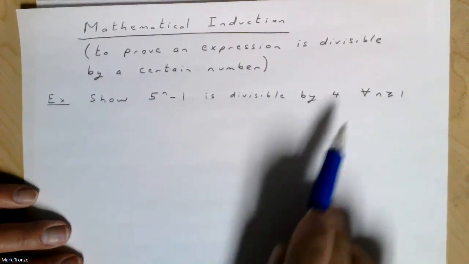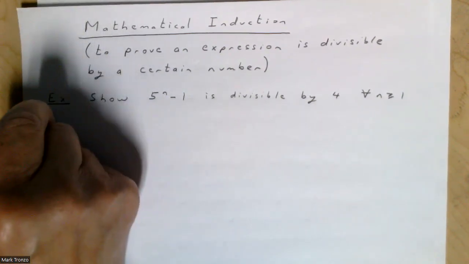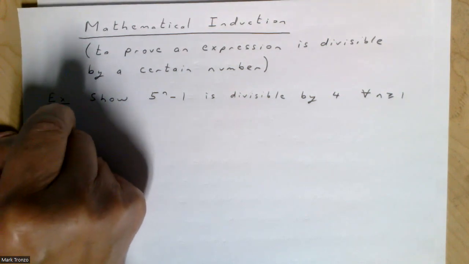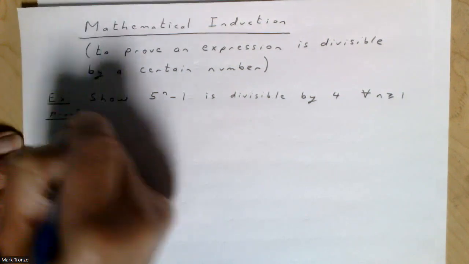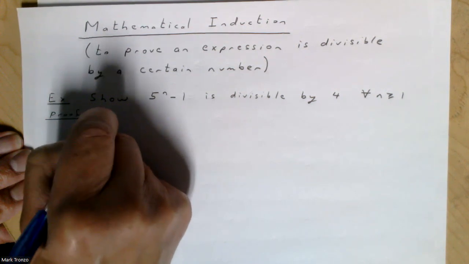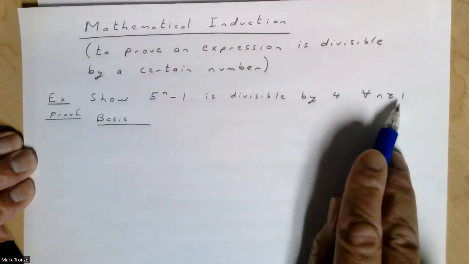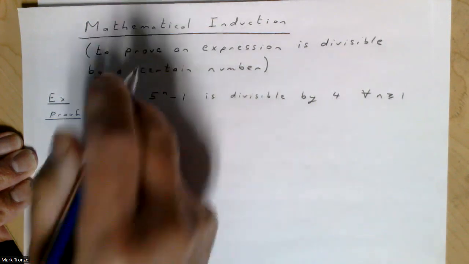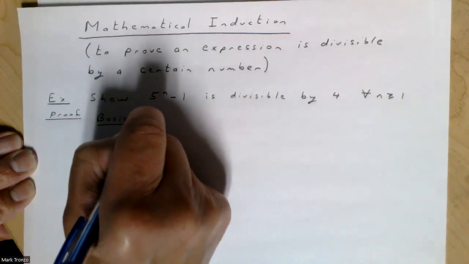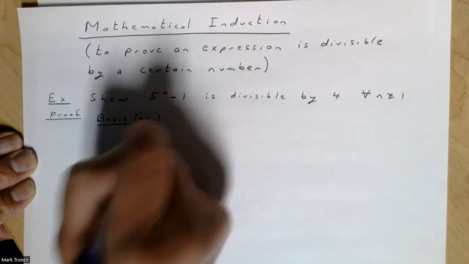Once again, for all means for all n. So again, do your proof. As always, do your basis step. And that's going to be whatever your first value is here. In this case, it's n equals 1.